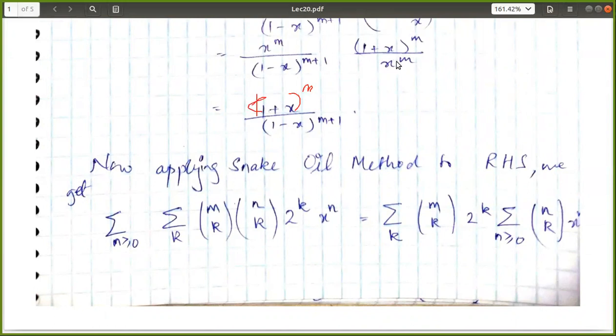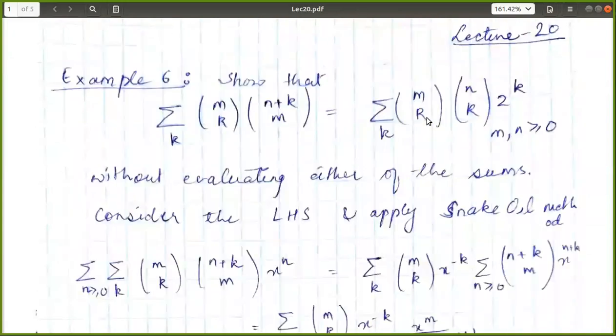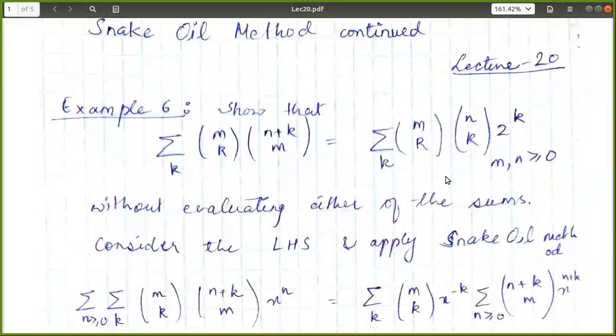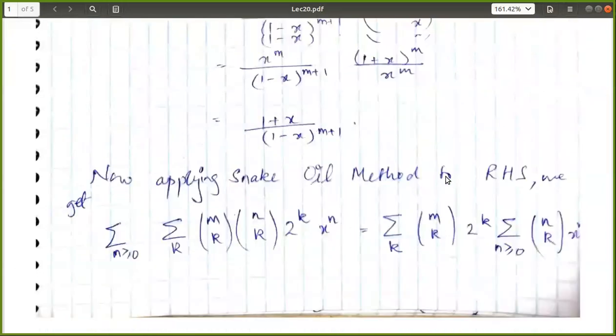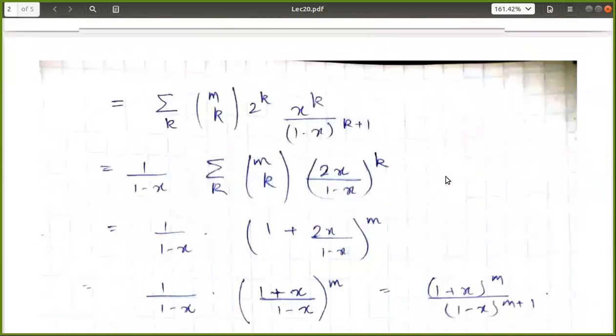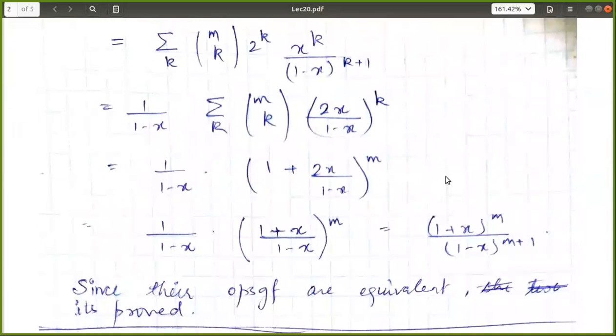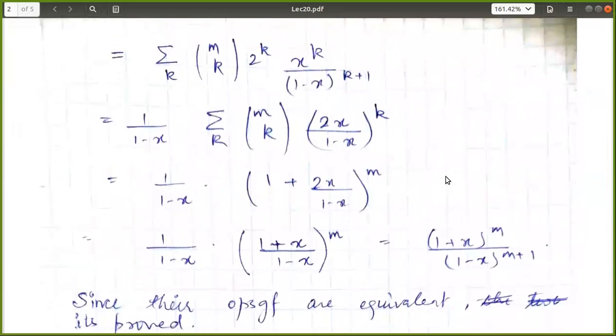So without even knowing what this number is or this number is, without doing any computations on these summations as they are, we manipulated one step up and proved it, since the generating functions are equivalent, so are the coefficients.